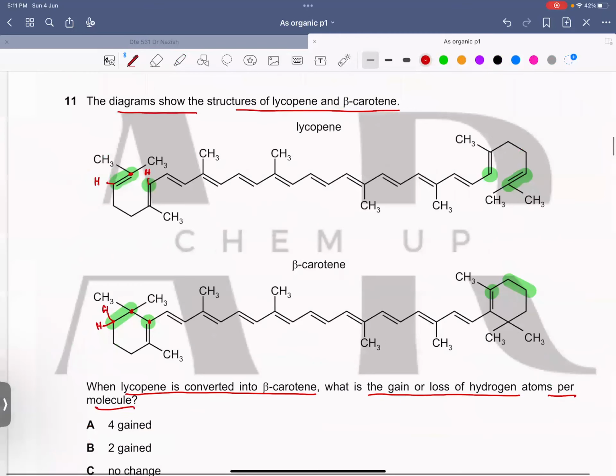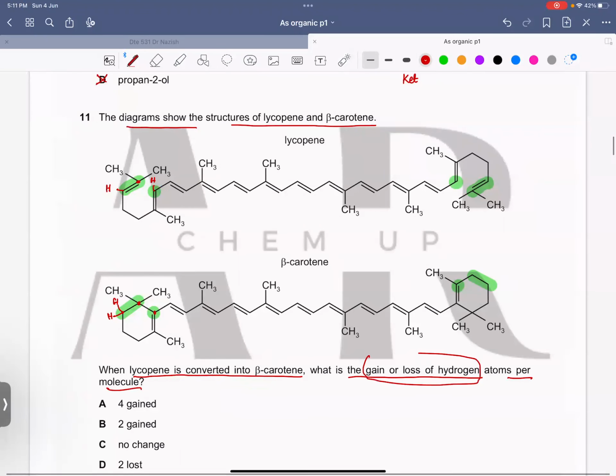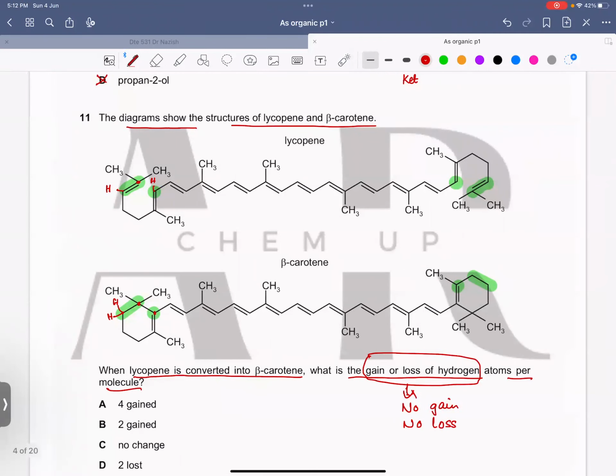So if they are talking about gain or loss of hydrogen, I can say that no gain and no loss, right? Because there are 2 hydrogens on 2 different carbons. Each carbon has 1 hydrogen. Now, out of these 2, 1 carbon loses the hydrogen and the other carbon gains the hydrogen. So in the molecule, the number of hydrogens remains the same.